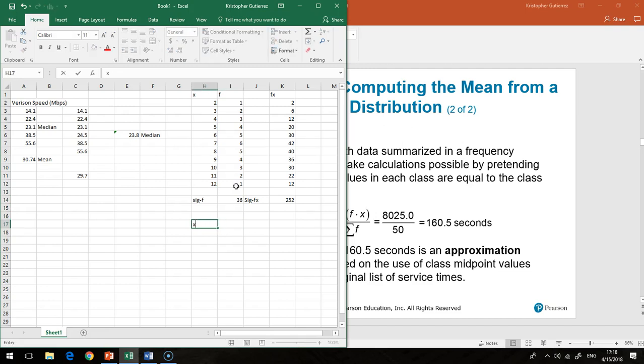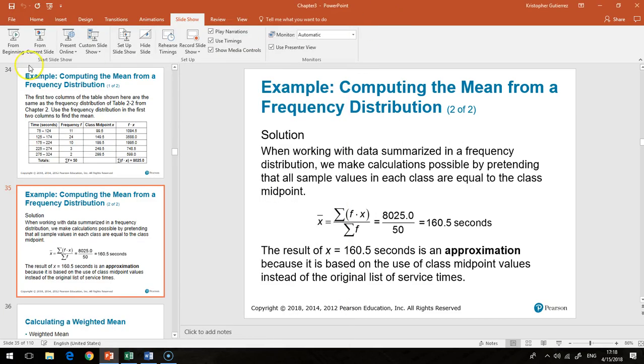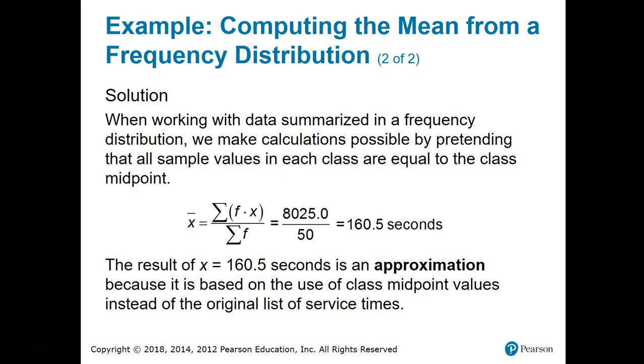Then our x bar is simply equal to this divided by that, which is 7. In other words, we would expect on average that we would roll a 7, which is indeed what is most probable. Alright. So that is from a frequency distribution.